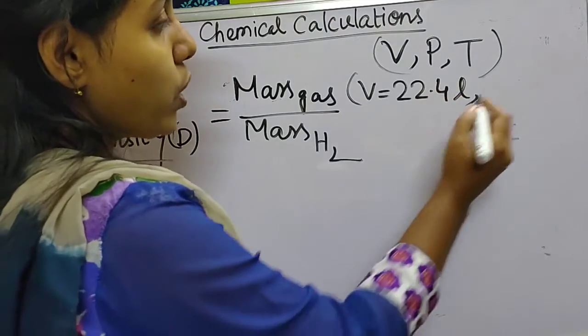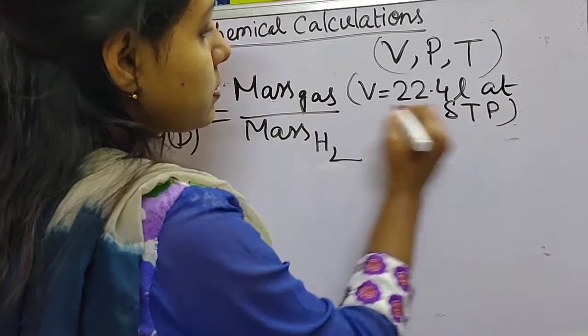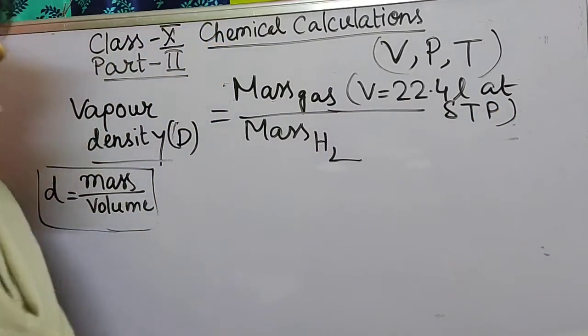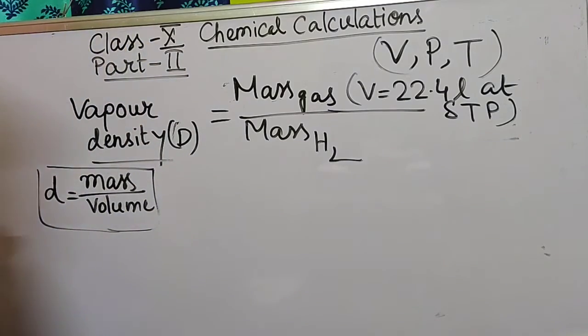If this is the mass of any gas and this is the mass of hydrogen, their volume, pressure and temperature must be the same. Volume is 22.4 liter at standard temperature and pressure, that means pressure should be 1 atmosphere and temperature should be 0 degrees Celsius.